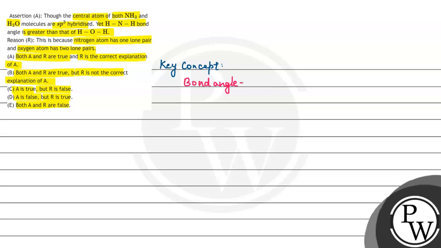So it is the average angle between the orbitals which are containing bonding electron pairs around the central atom.